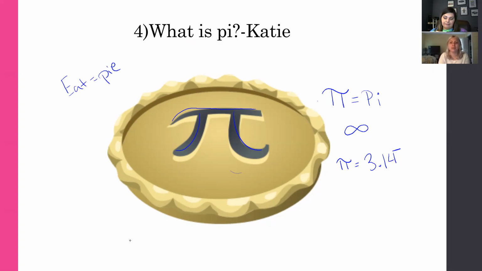So we know that pi is the ratio of a circle's circumference to its diameter, and that's just understood. I know in school we always would celebrate Pi Day, which is March 14th, 3.14.